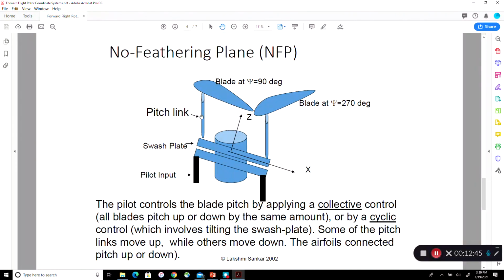So this rod is not going up or down because you're lying down on this plane. So you always see the rod in contact is not moving vertically up or down. Therefore, in this coordinate system, the blade is not cyclically pitching up or down. So this is called a no feathering plane, or NFP.